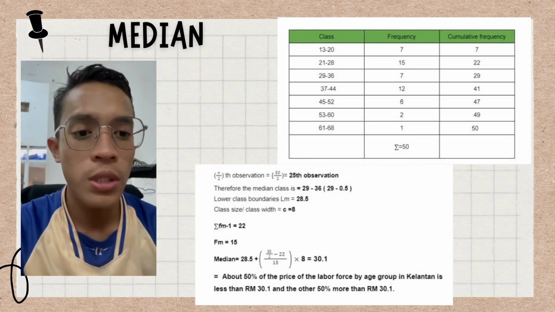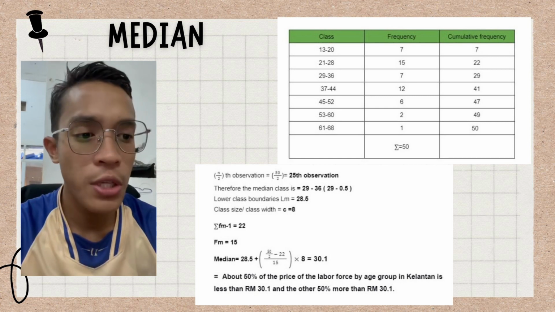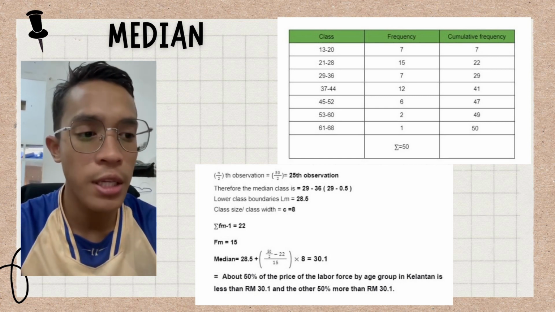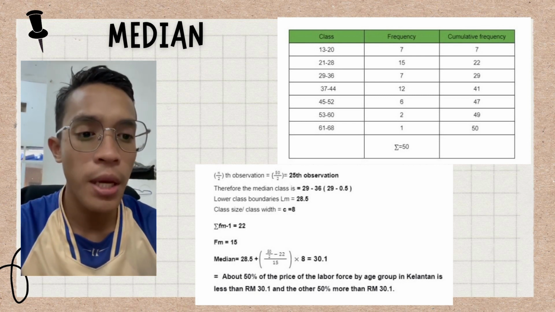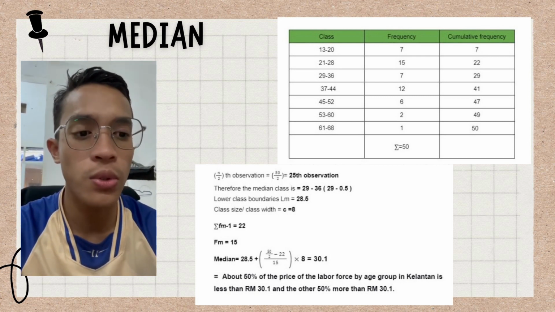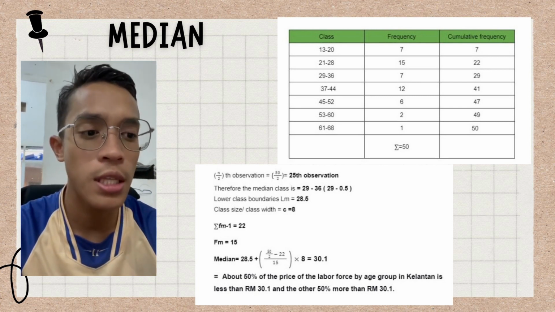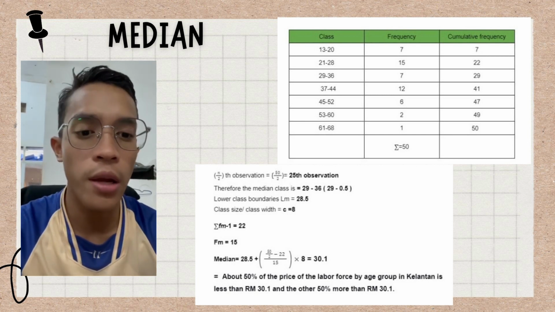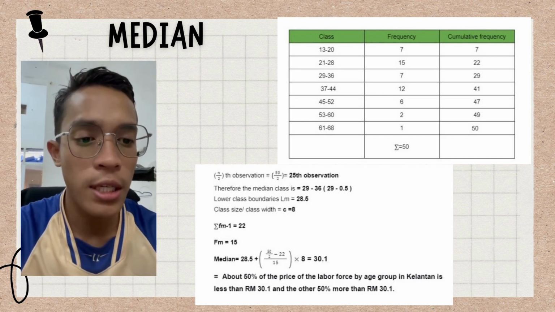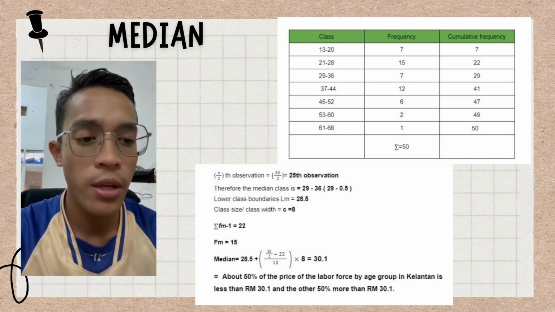Next, we go to the median. Observation is n, which refers to the frequency divided by 2 and gets 25. Therefore, the median class is 29 until 36, which is taken, 29 minus 0.5. Lower class boundary, LM, shows 28.5.